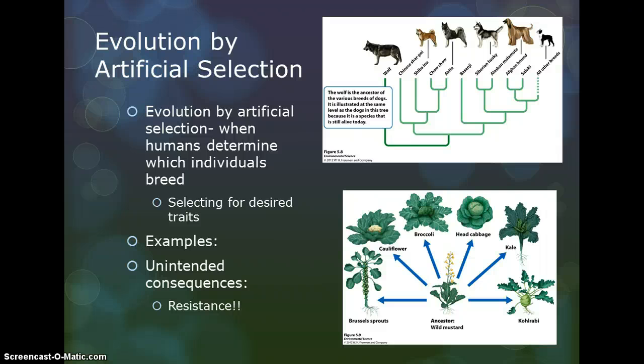There are unintended consequences as a result of artificial selection, and mainly it comes from resistance. So just to give you a few specific examples, we are creating organisms that are resistant to certain herbicides.